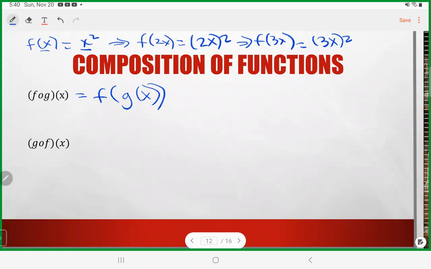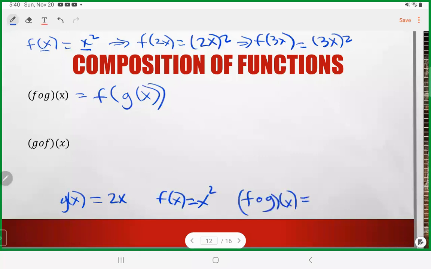For example, let's say g of x was equal to 2x and f of x was equal to x squared. Then f of g of x is going to be equal to f of 2x, because you're going to put the g of x function inside the f of x function.